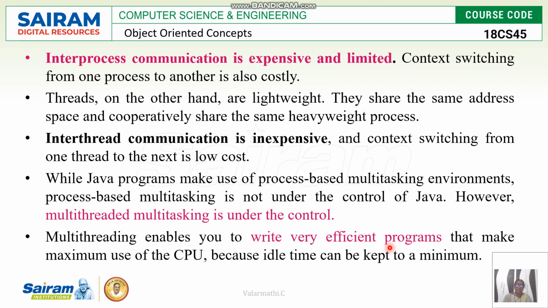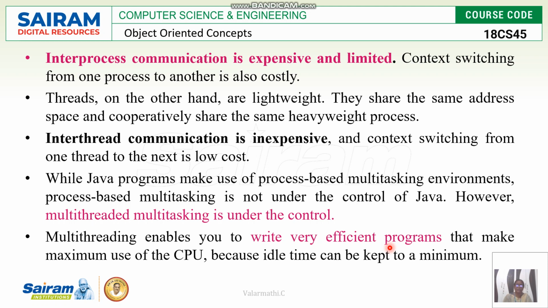Where will multi-threading and multitasking be useful and controllable? In inter-process communication, the process is a heavyweight control and it is more expensive and more limited.